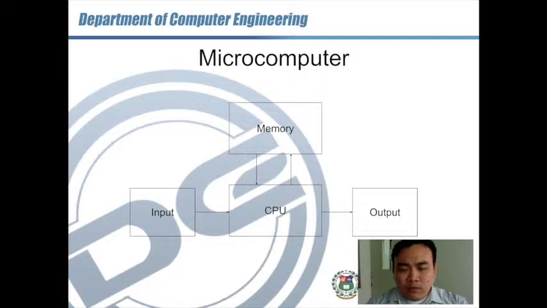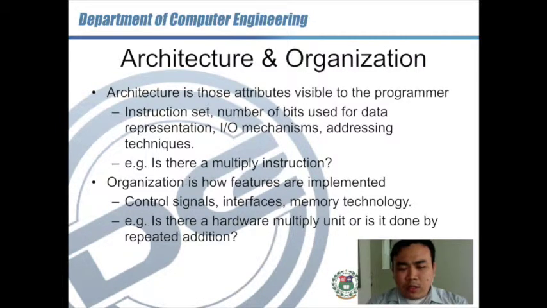Okay. Now, if you remember, we asked about architecture and organization, so let's try to differentiate these two. That's just a review. You all know this has been defined already in CPU 314. Architecture is those attributes which are visible to the program. Anything that can be seen, or is tangible in this particular case.